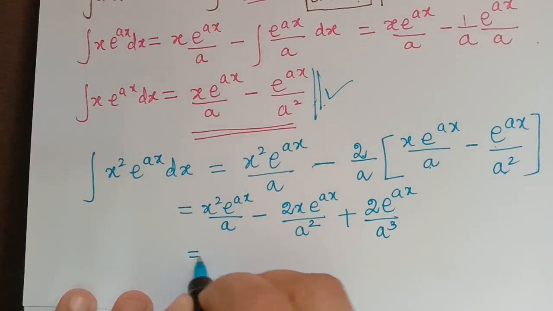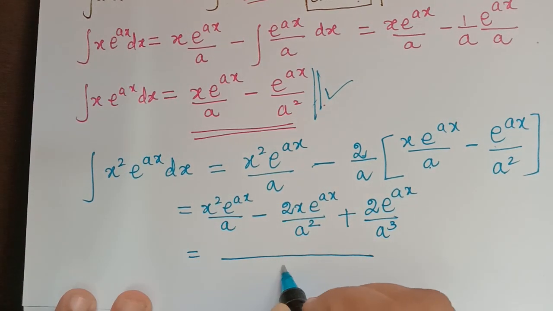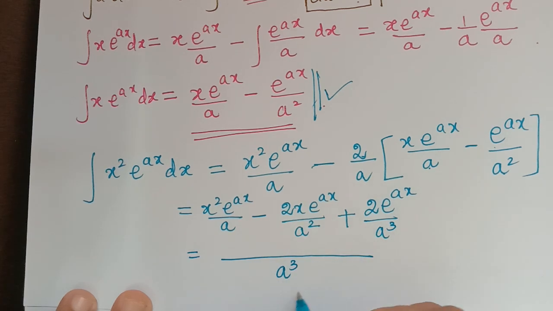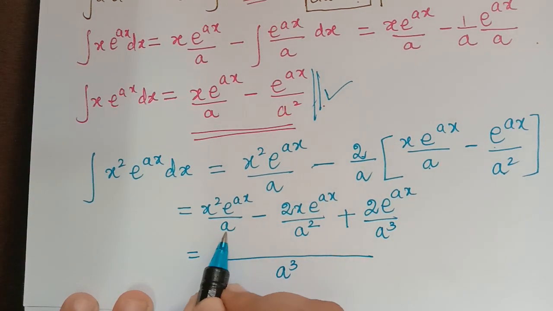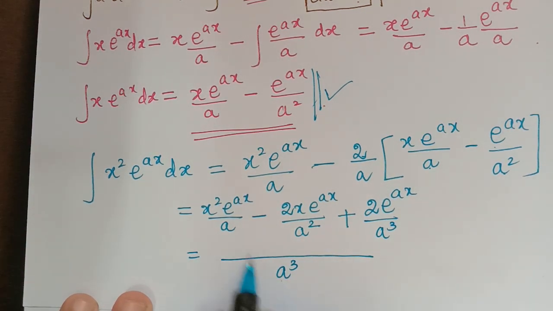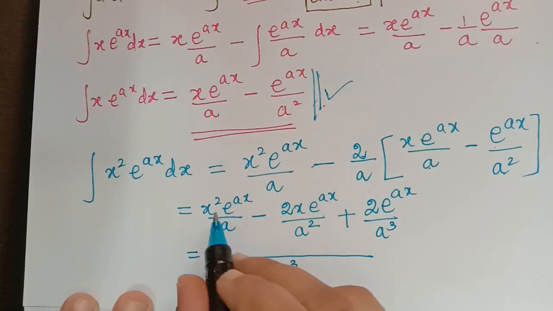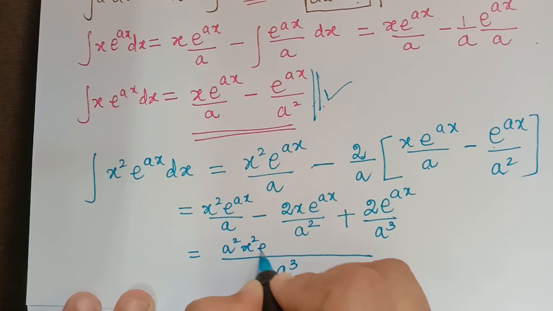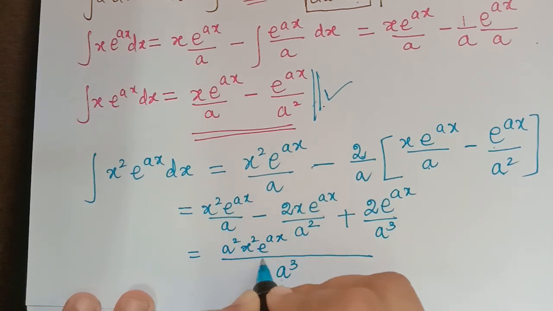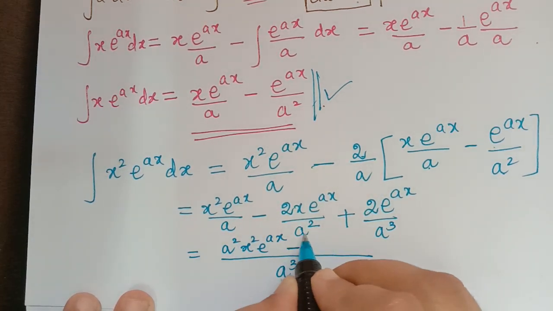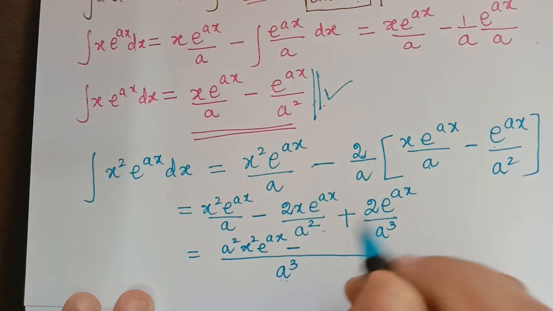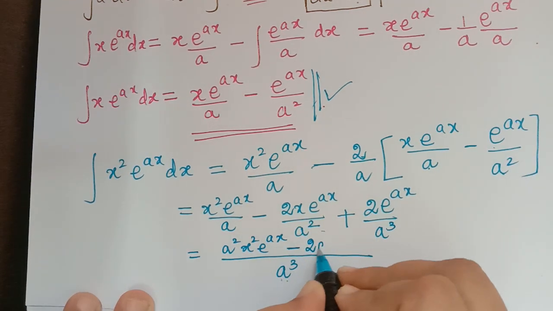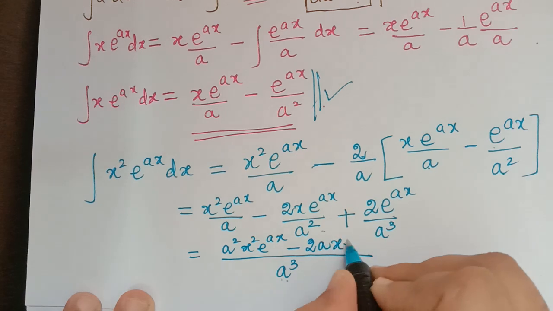And now in this we can take LCM. So when we take LCM we will be having a cube in the denominator, and here if we multiply a square we will be getting a cube, so that a squared has to be multiplied in the numerator. So we will be getting a square x square e power ax, and then minus, now here we have to multiply a to get a cube, so it will be 2 a x e power ax.